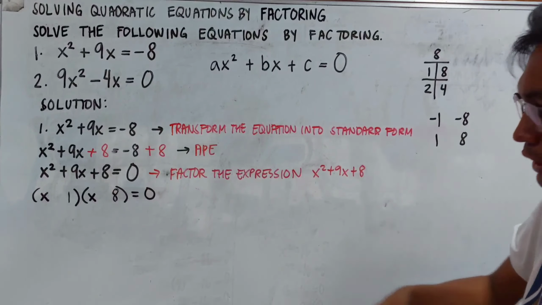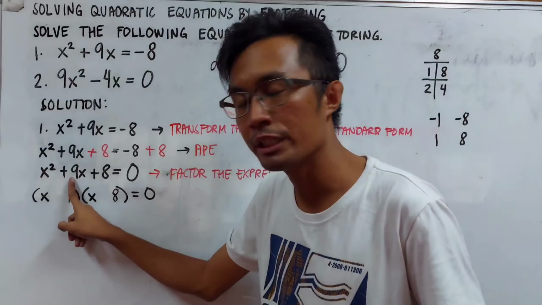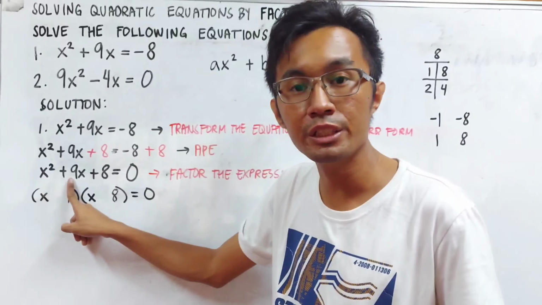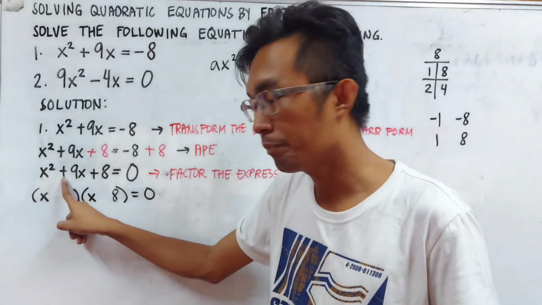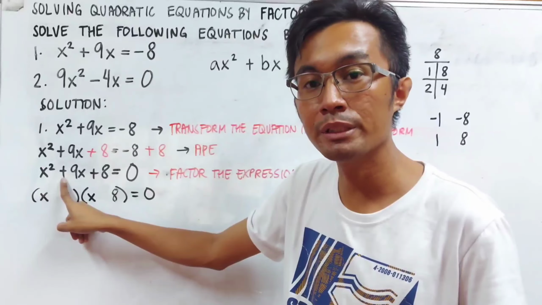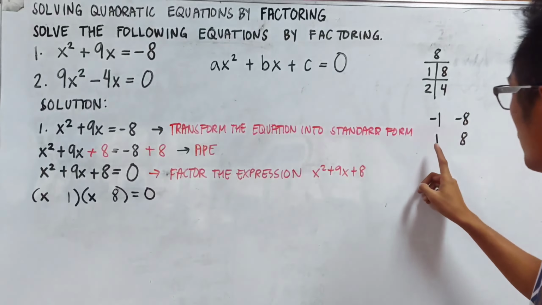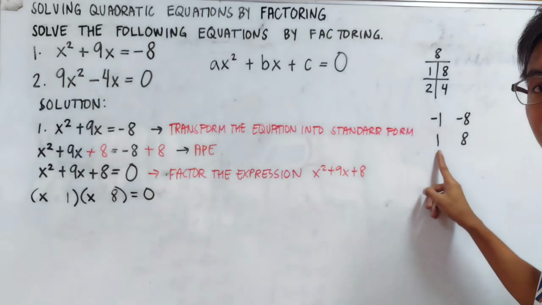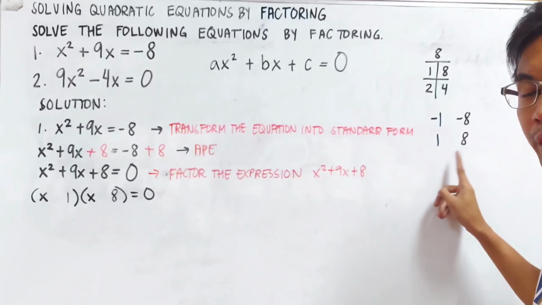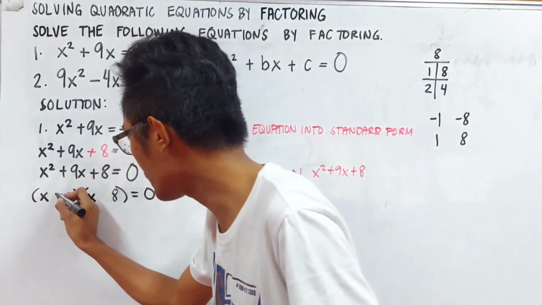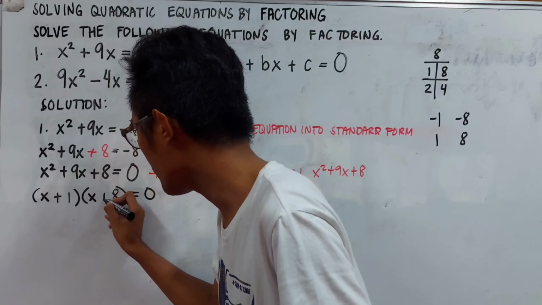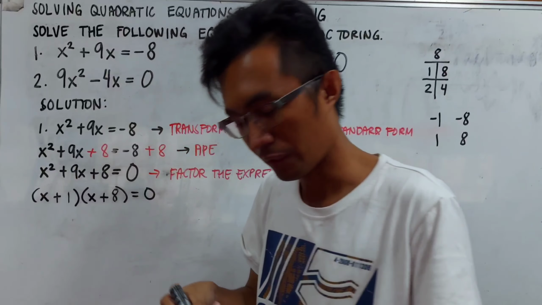Ngayon, since yung gitna natin, yung second term or the linear term is positive plus, so dapat magiging plus din. So, we have positive 1 and 8. So, magiging plus to. Ito naman magiging plus din.